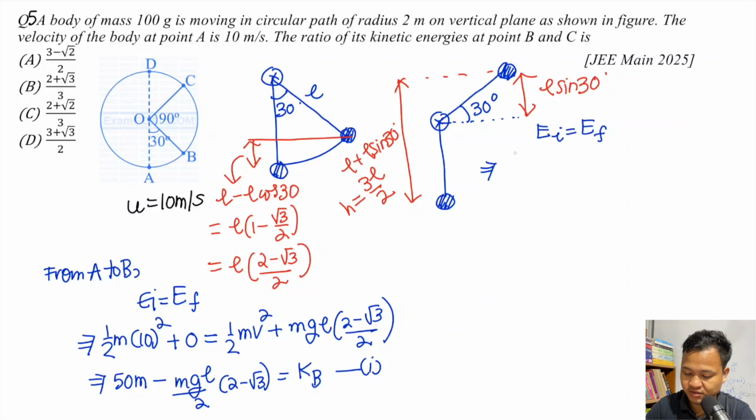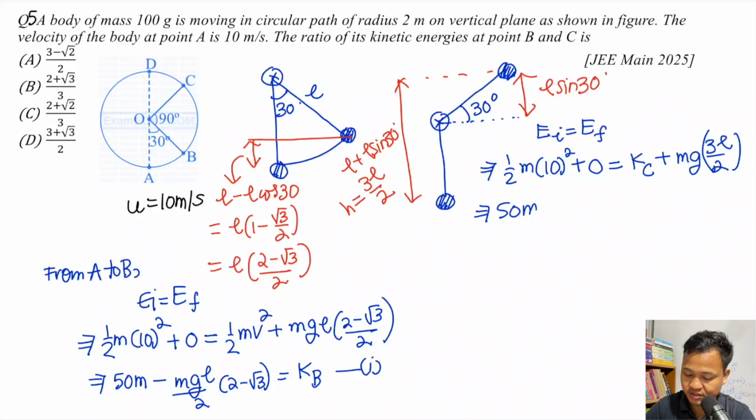So half into m into 10 square plus initial potential energy 0 equals the final kinetic energy, let's say K at C, plus mg h, which is 3L by 2. Transferring to that side, 50m minus 3mgL by 2 equals K at C. This is equation number 2.